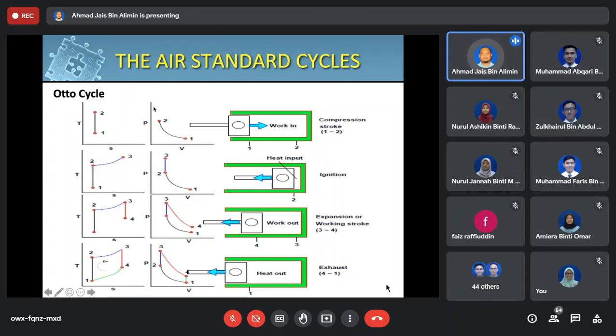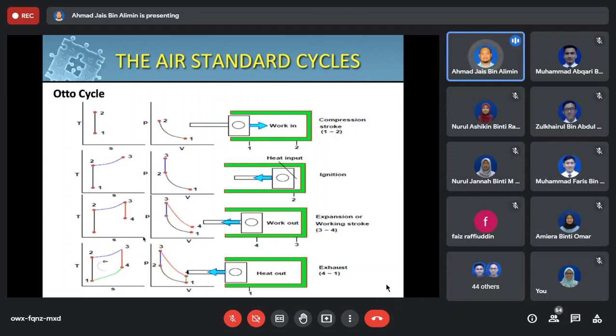Usually, when you do the sketch for the Otto cycle, it's okay to use the PV diagram. Okay, but if you want to provide both TS and PV, it will be much better, because the PV diagram will give out the variation of pressure with respect to the difference of volume, and the TS diagram will indicate how the temperature is changing and how it affects the entropy.